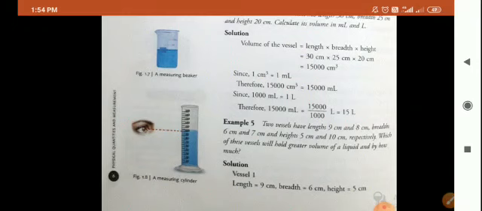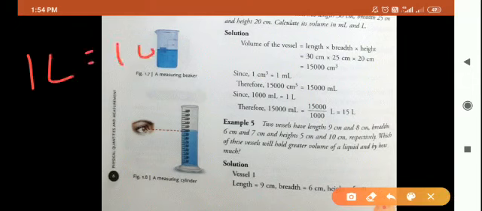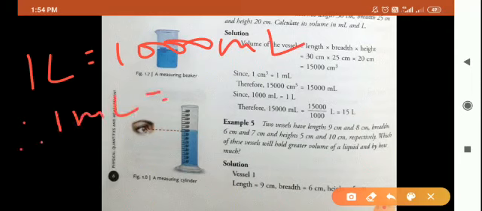Now you have to get your answer in liters. Now you know this relation also, that 1 liter is equals to 1000 ml. So therefore 1 ml is equals to how much? You have studied in maths. 1 ml is equals to 1 upon 1000 liters.